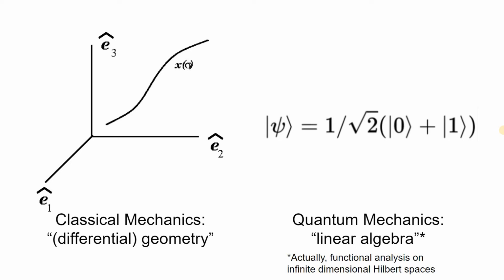In fact, in infinite dimensional Hilbert space, a lot of things that you would think are valid because they are valid in finite dimensional Hilbert space are not really true. So one has to be really careful with that.